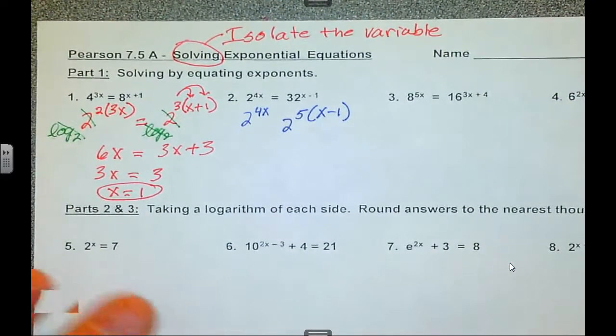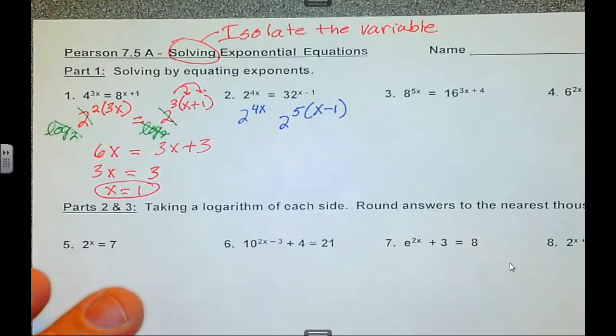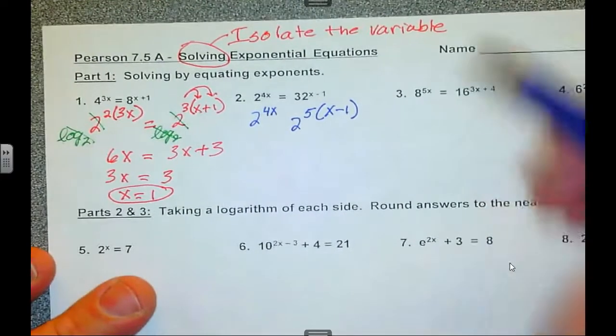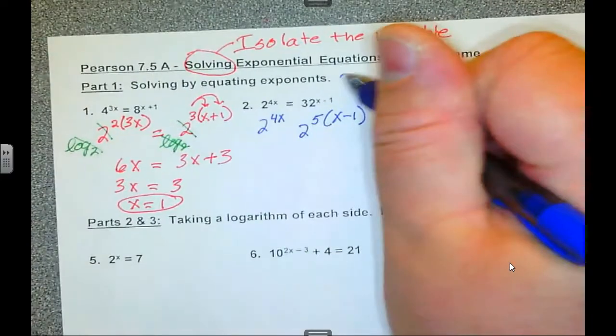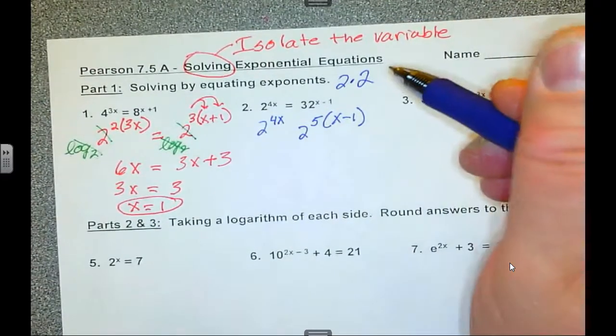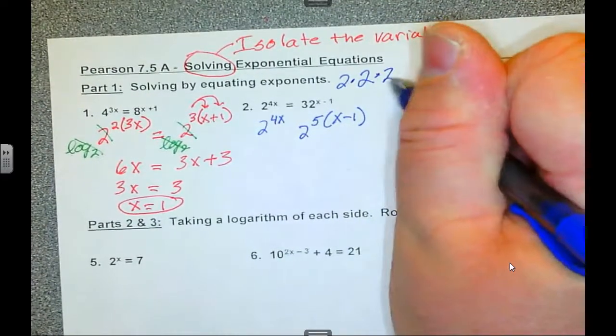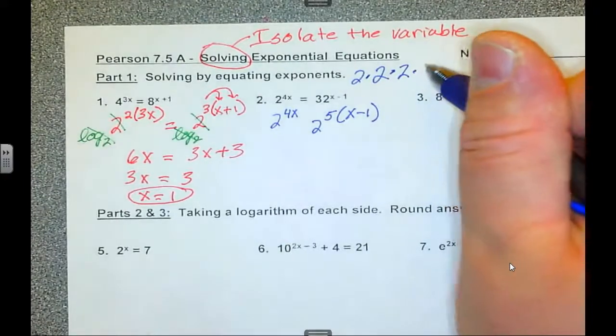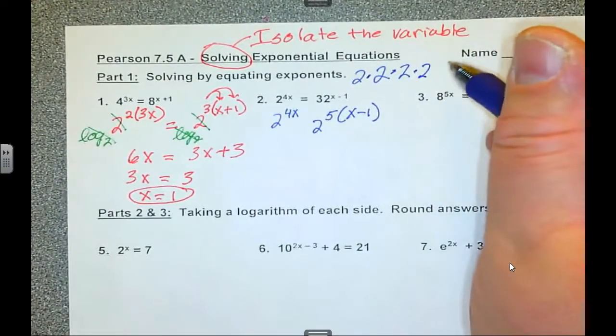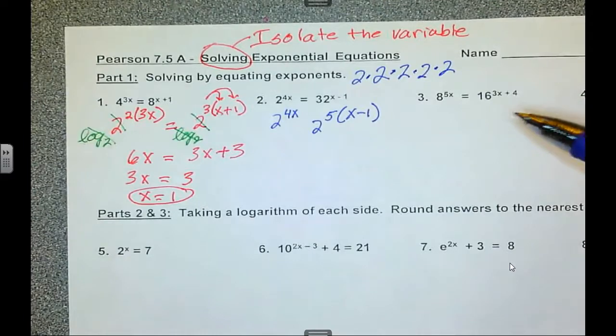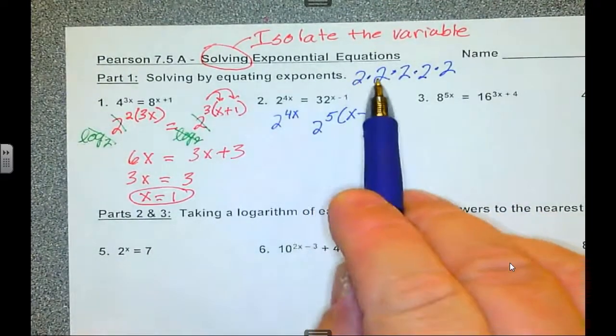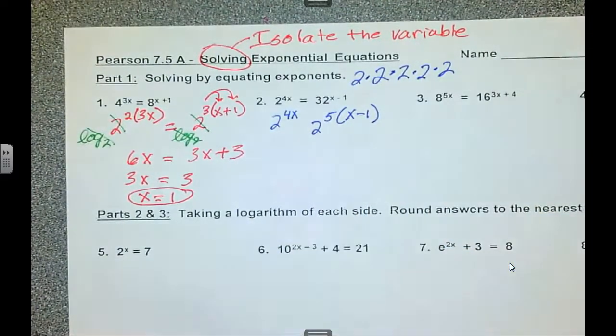I did in my head 2 times 2 is 4, times 2 is 8, times 2 is 16, times 2 is 32. Count on your fingers: 1, 2, 3, 4, 5. That's how I get 2 to the 5th.